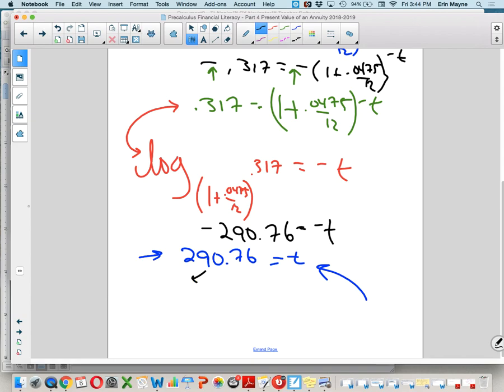You could say that it's 290 regular payments of $1,000 plus interest, which eventually I'll teach you how to calculate that interest. Another way to say it would be, you know what, it's going to take 291 payments. 290 payments of $1,000 and then an additional interest.